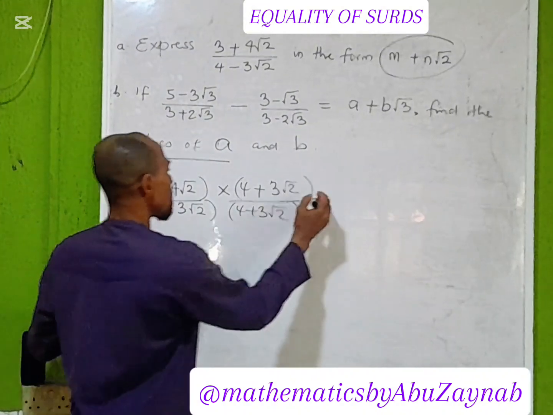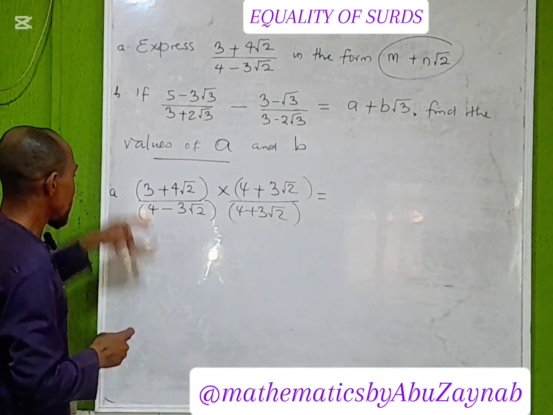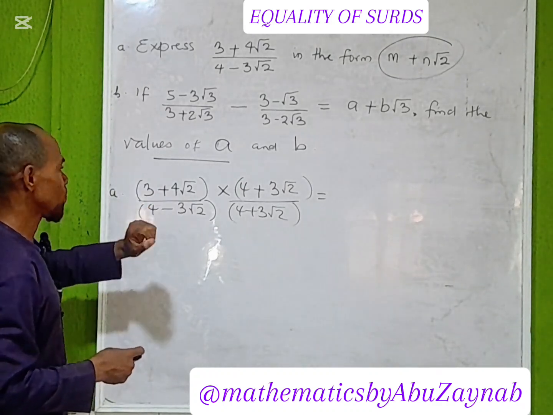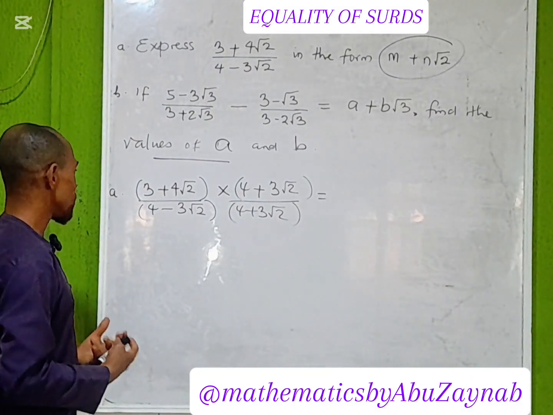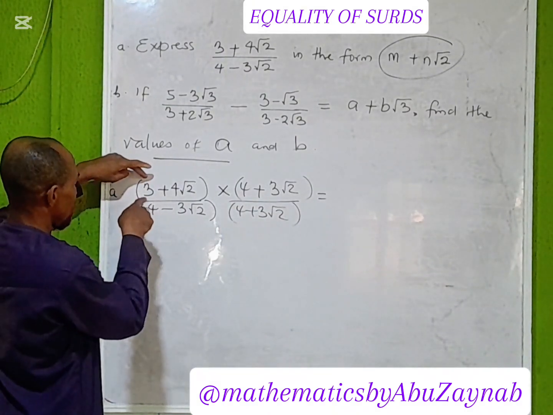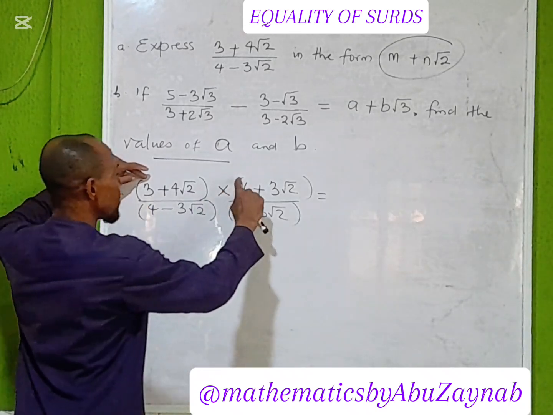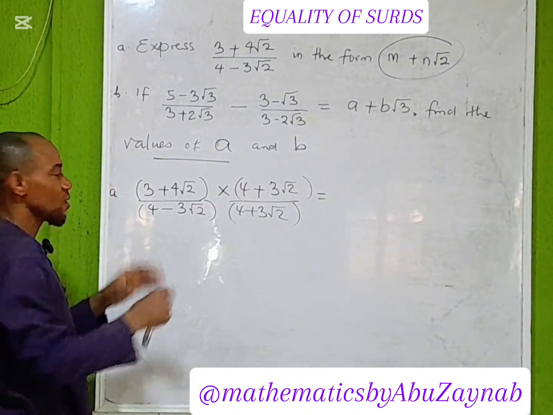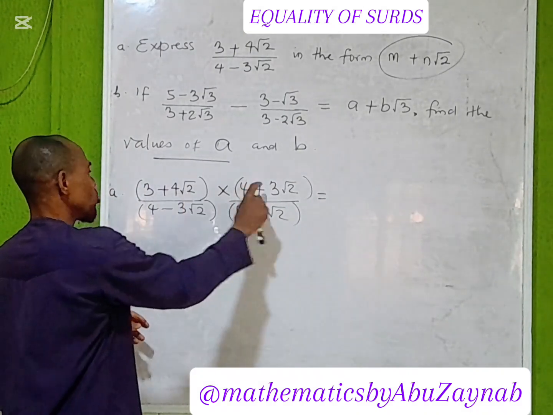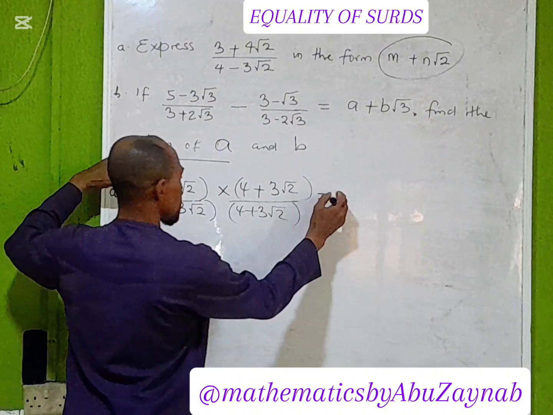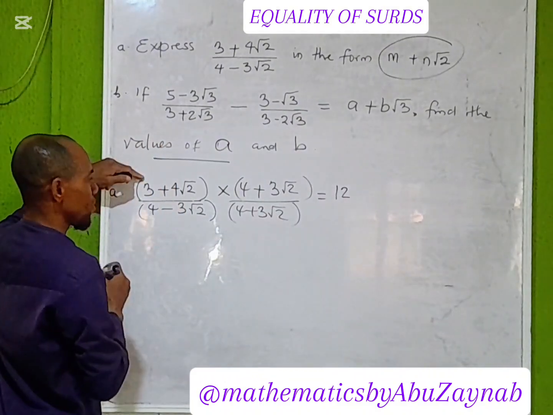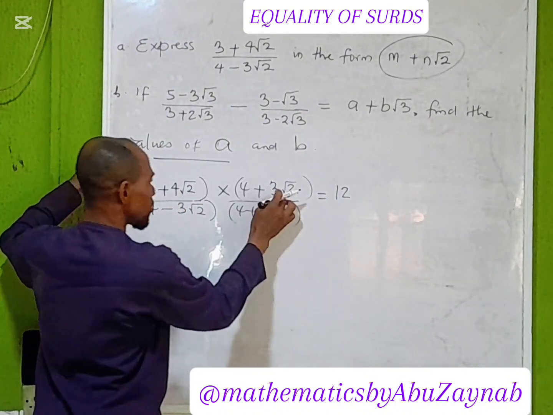For the numerator, don't forget our expansion. We have 3 here plus 4 root 2, multiplying 4 plus 3 root 2. All you need to do is pick each term, in this case 3 first, to multiply the contents of the next bracket. When we are done with that, we now pick 4 root 2 and repeat the same process. So we go 3 times 4 is 12. Then 3, the same 3 times 3 root 2.